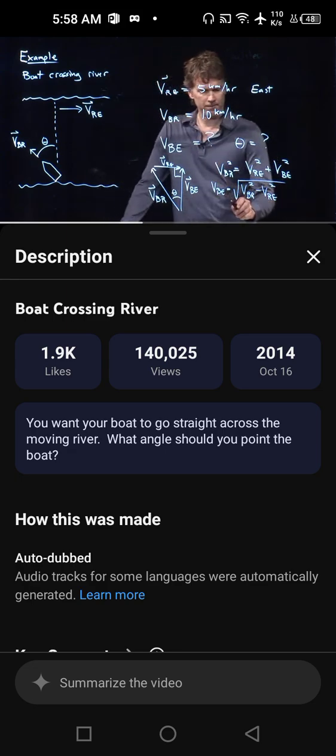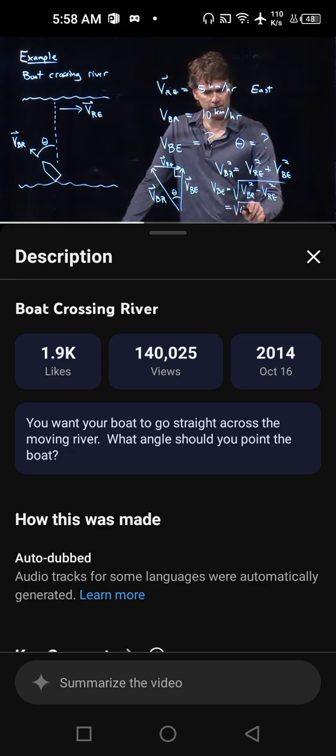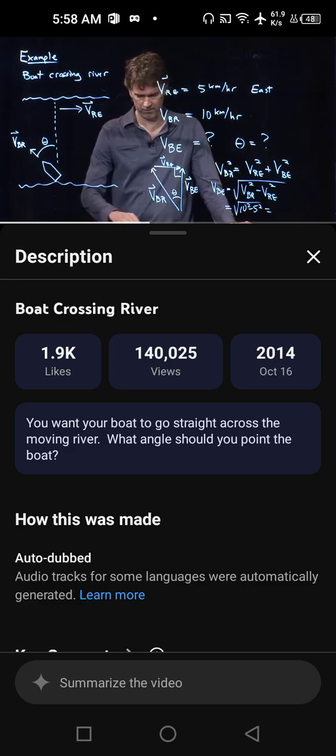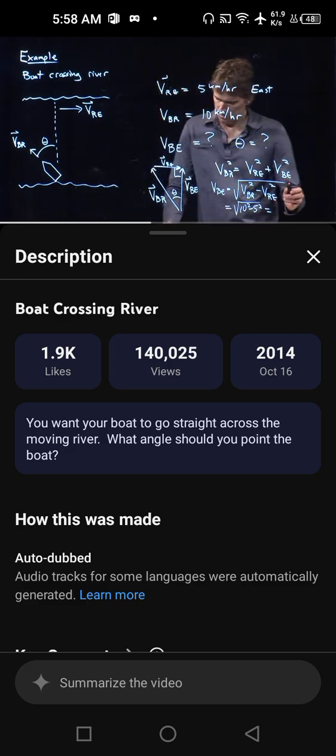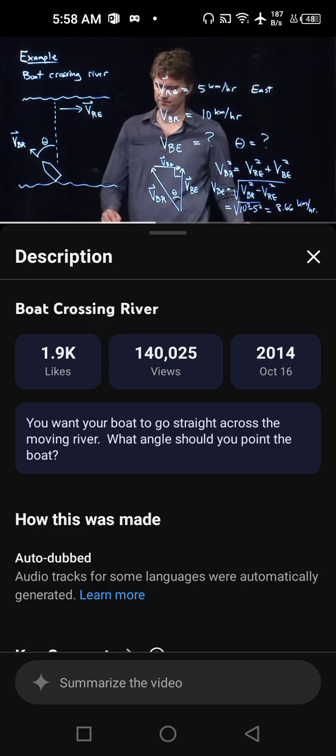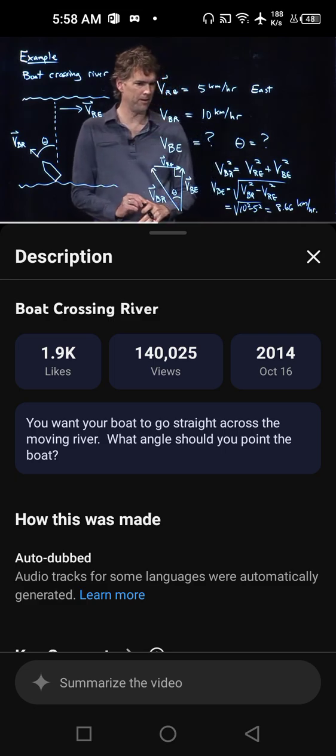And we know all those numbers, right? We've got 10 squared. We're going to subtract 5 squared. That's the square root of 75. And we did this earlier. Square root of 75 was 8.66 kilometers per hour.